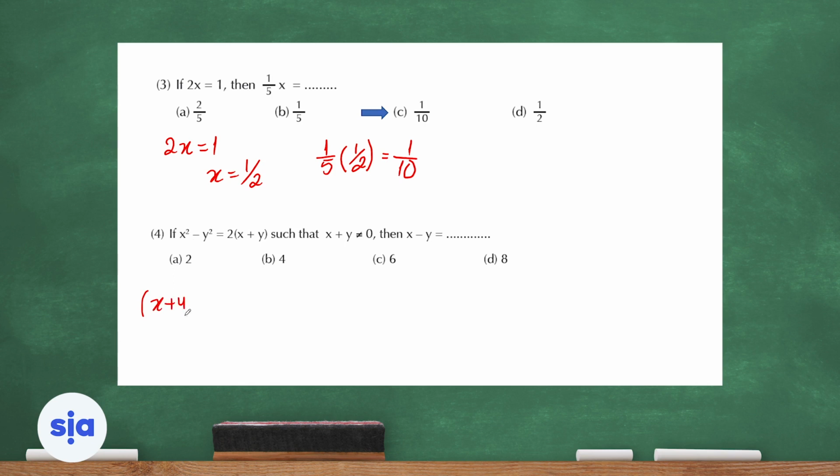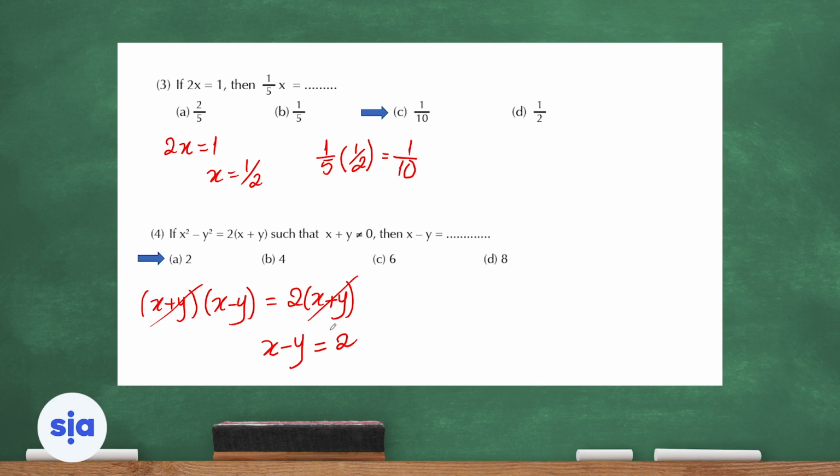So x plus y times x minus y equal to 2 times x plus y. X plus y will be crossed out with x plus y, so x minus y equal 2. So the answer is choice A.